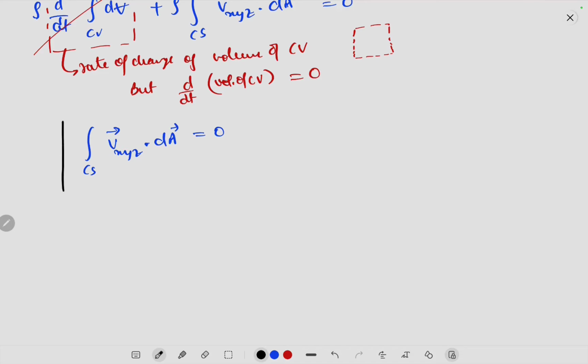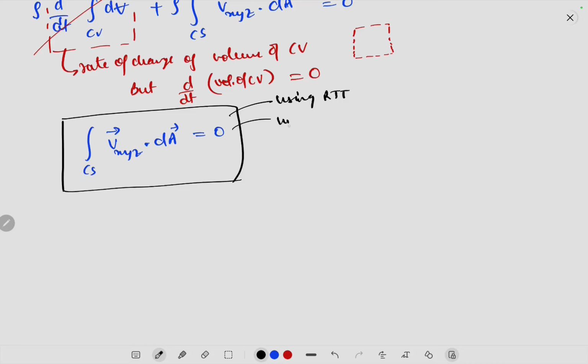So we arrive at this equation using Reynolds transport theorem. This is only for incompressible fluid, where rho is a constant, so constant in space and constant in time.